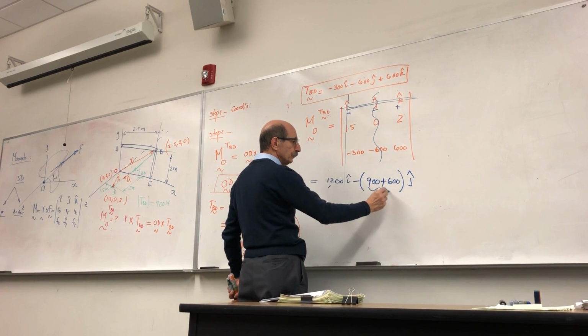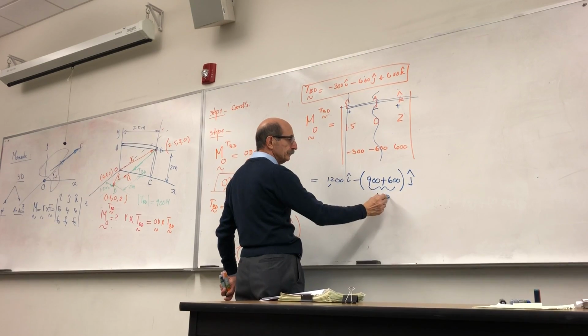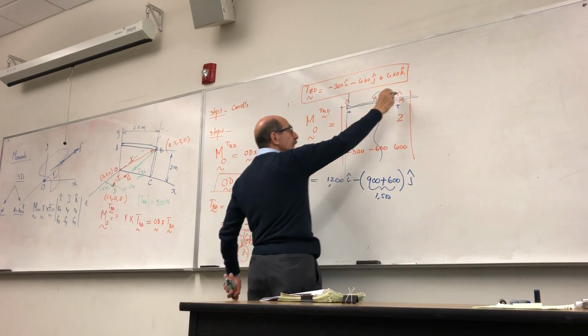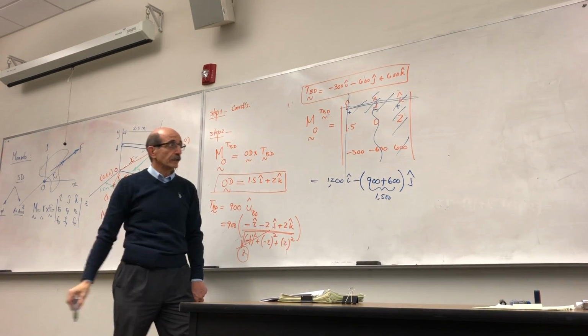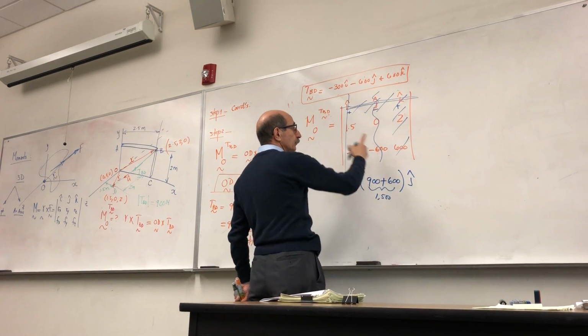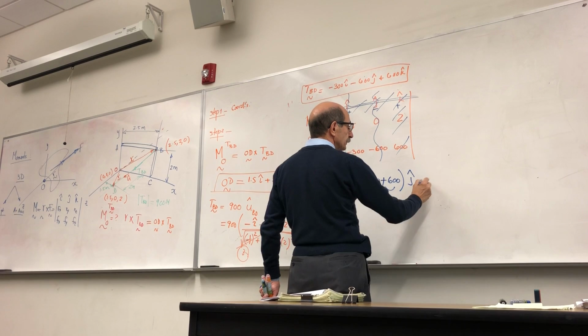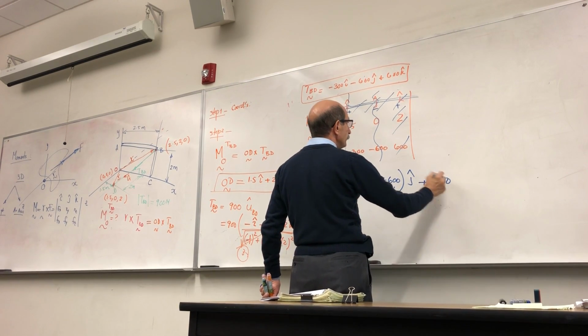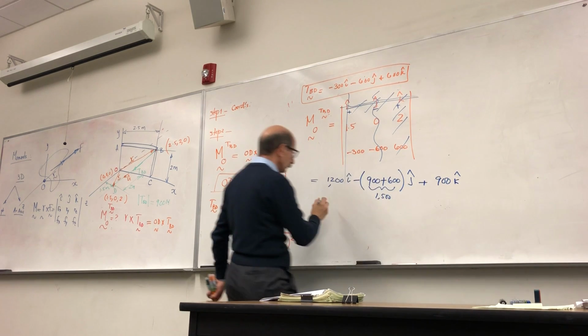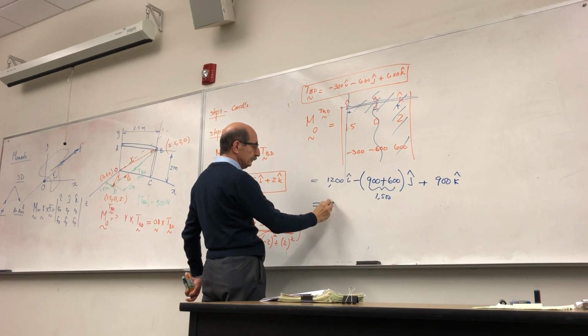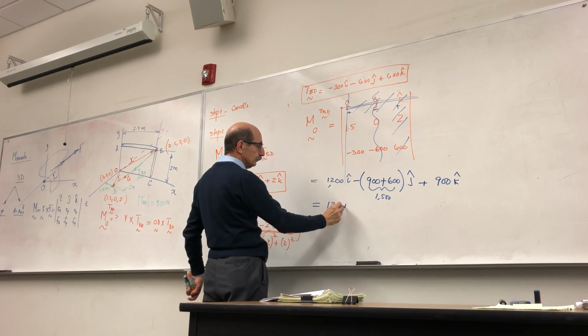So this is 1500. Then for k, eliminate the column and row corresponding to k. So you have 1.5 times 600, 900, and then 0, so 900 k. So this would be the moment that results.